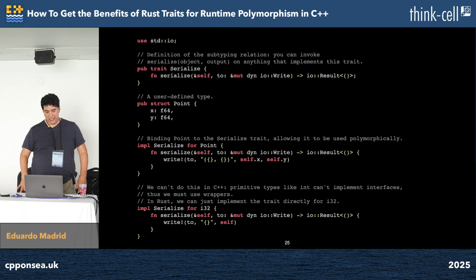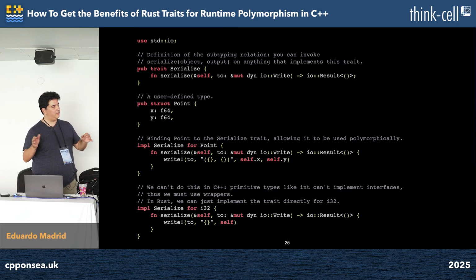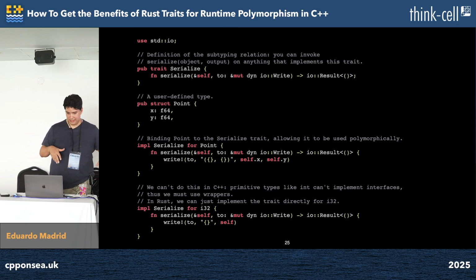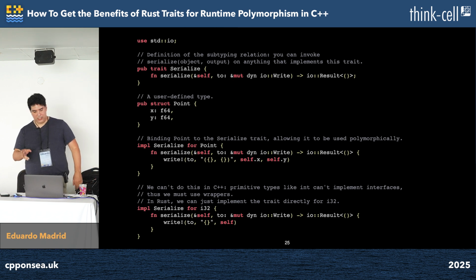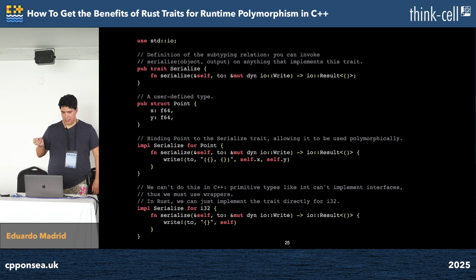And immediately I show you how to tell the Rust system what to do when serialization is requested from that user type Point. And so the implementation for serialize for Point is that function and the invocation of the right function on the x and y coordinates of the internal members of the point, right?